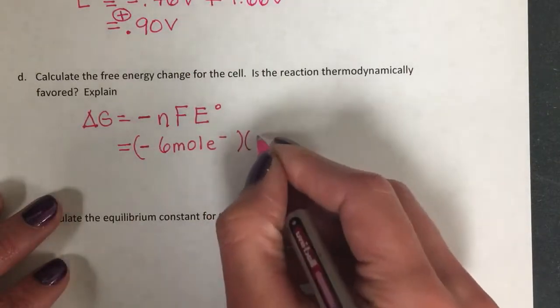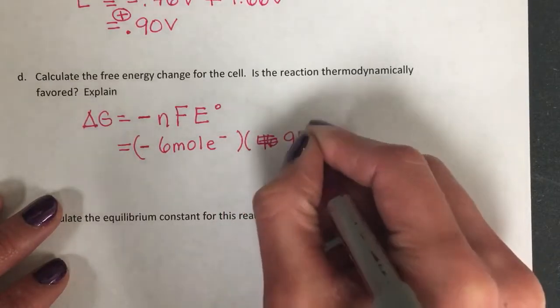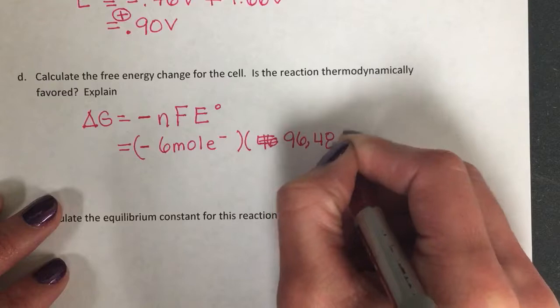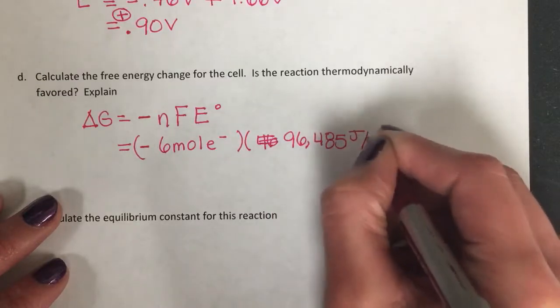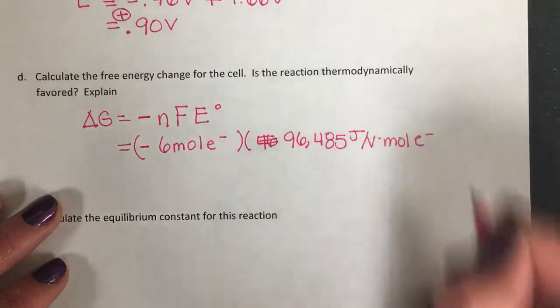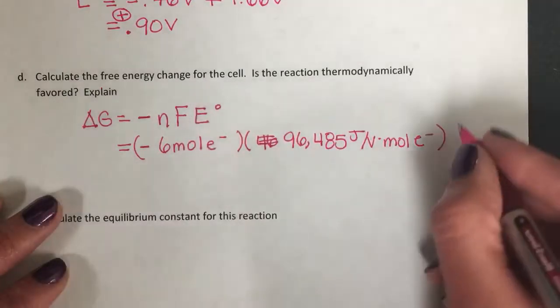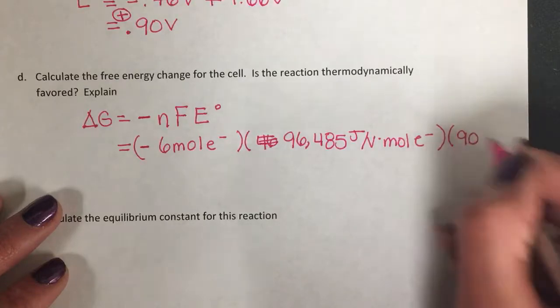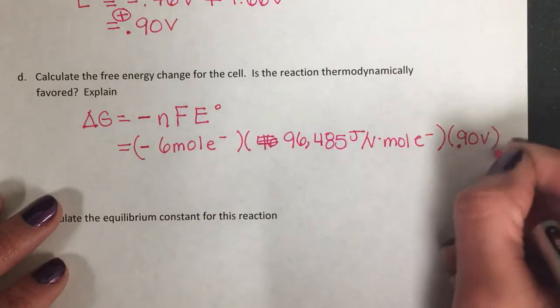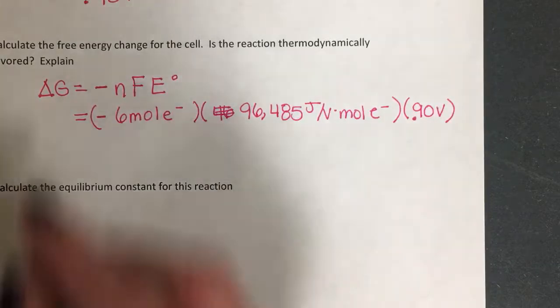Times Faraday's constant, 96,485 joules over volts times moles of electron, times my E cell. My E cell was 0.90 volts.